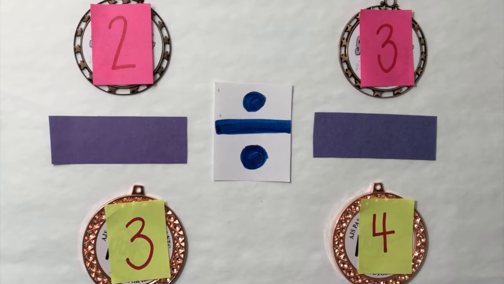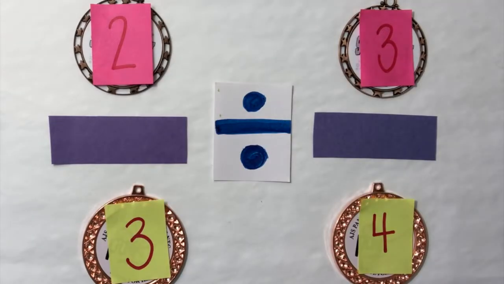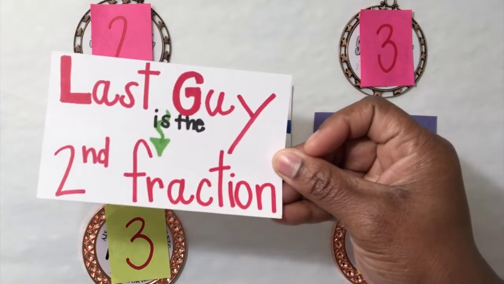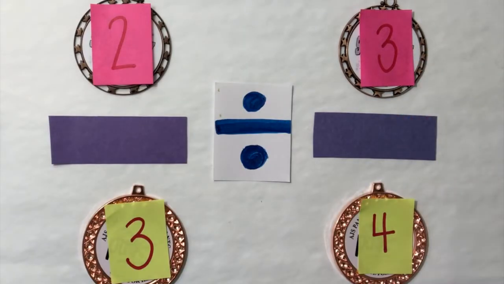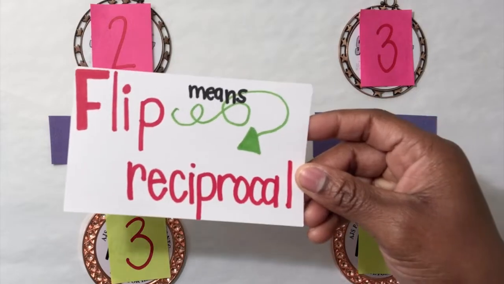Now let's talk about, in this numerical expression, which number would be considered our last guy. The last guy we are referring to is going to be the second fraction, or mathematically, it will be called our divisor. Don't forget that the math word for flip means reciprocal.